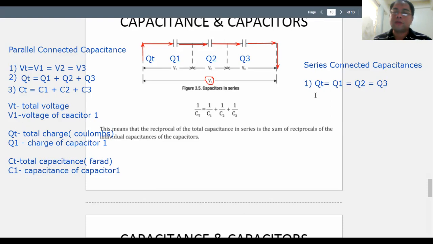But however, what we see also, our next principle is that the voltages sum up.